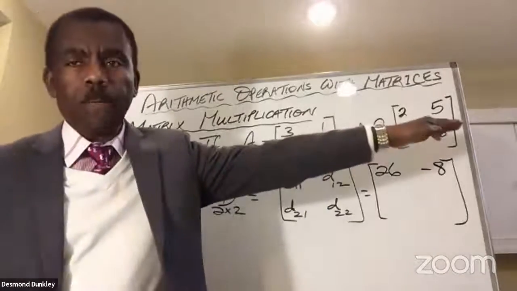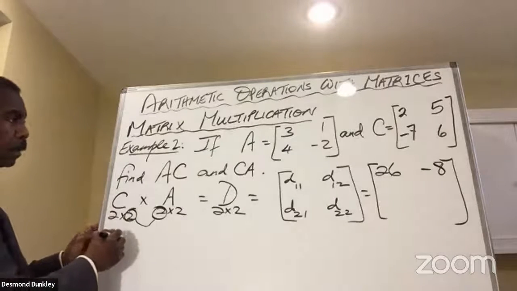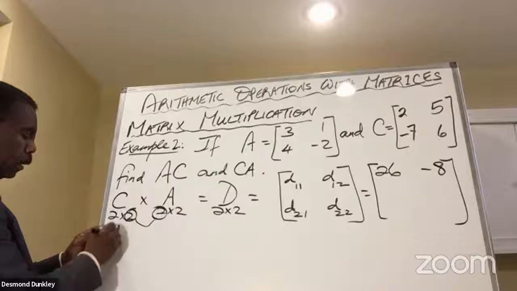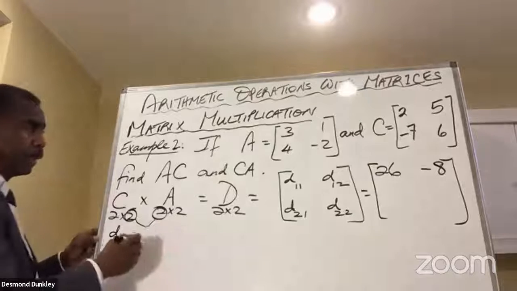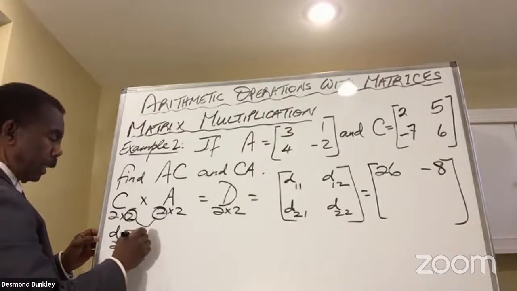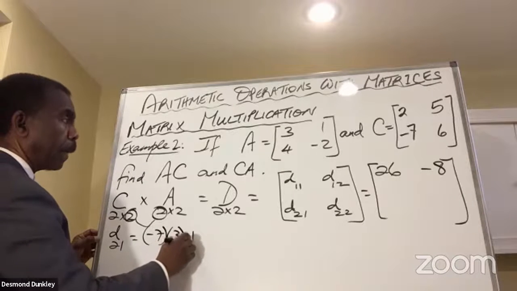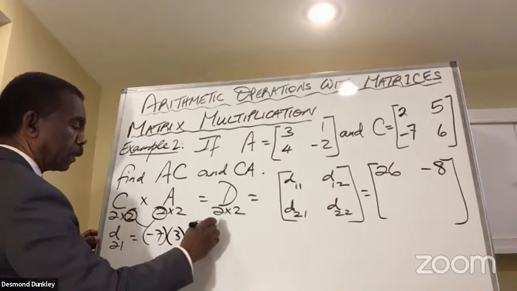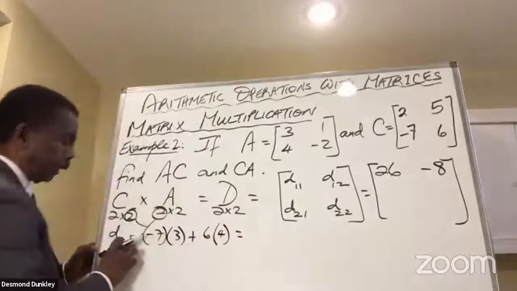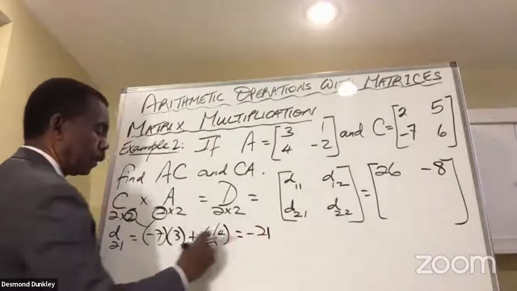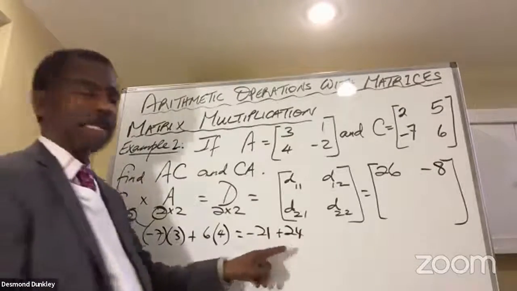And now we're going to go to the second row, -7, 6. So now it's D21. Second row, first column. So it's going to be -7 times 3 plus 6 times 4. -7 times 3 is -21. 6 times 4 is 24. So this is going to give us +3.